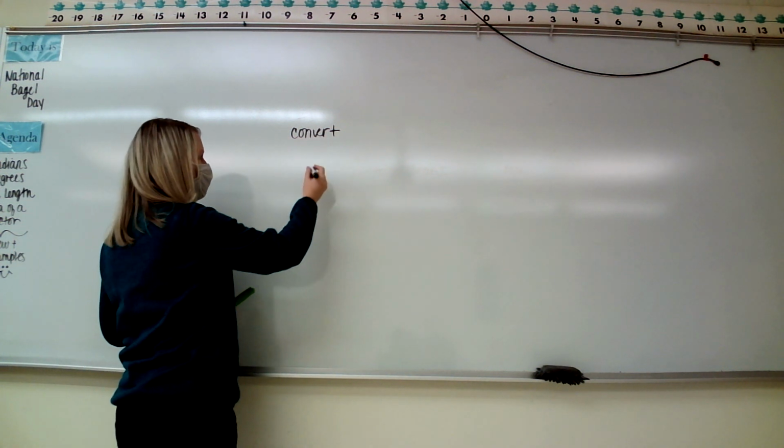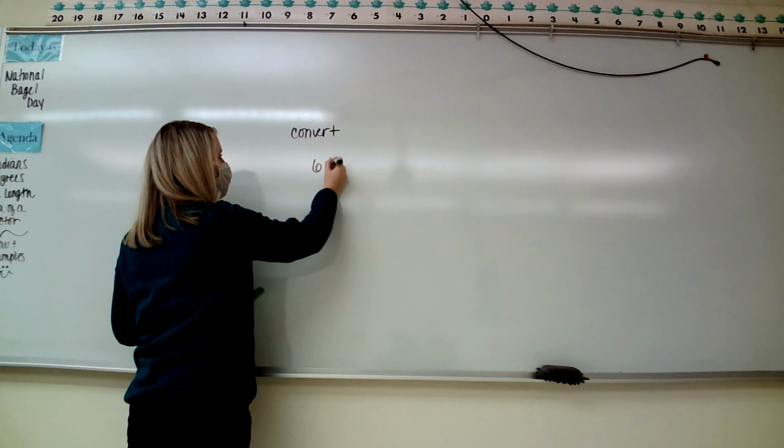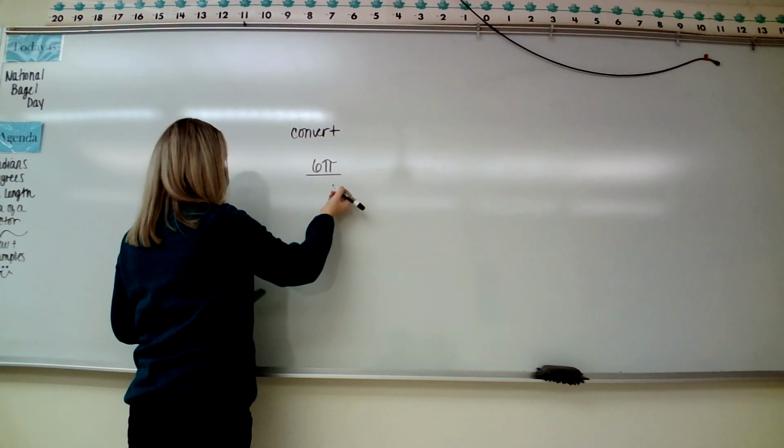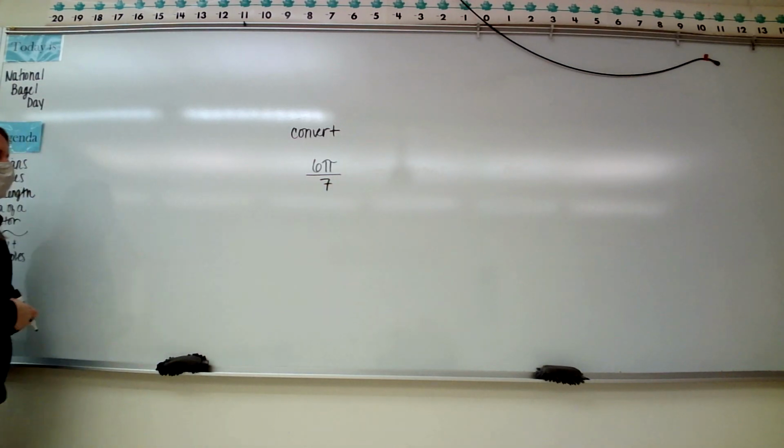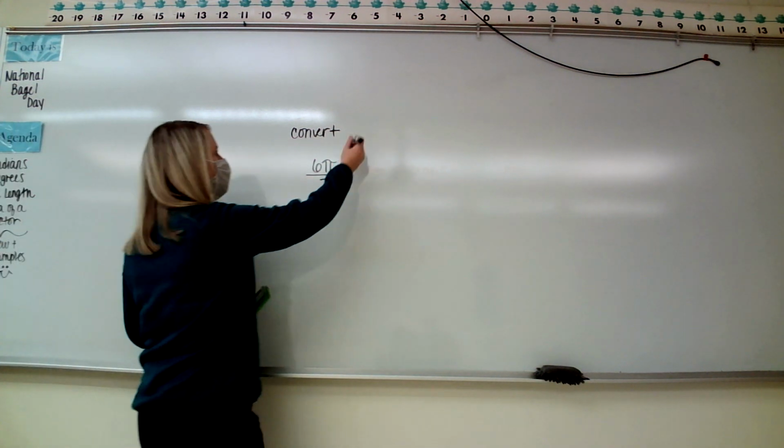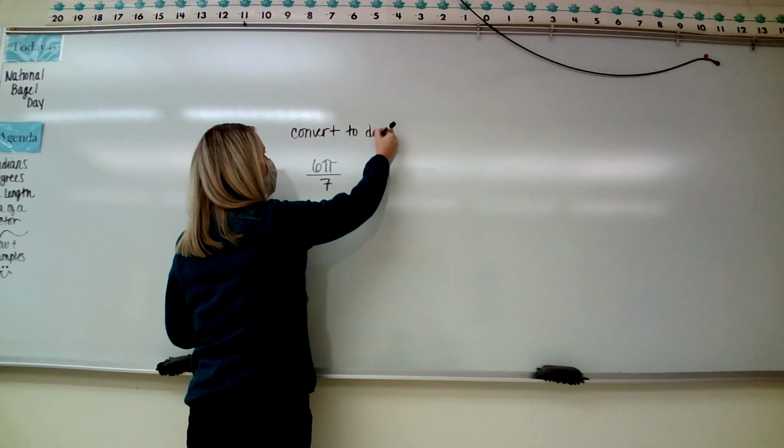Let's do 6 pi over 7. I just made that up, so it's probably not going to be the nicest answer, but we'll go with it. Our main goal from here is, what do we do? I'm sorry, I should say convert to degrees.